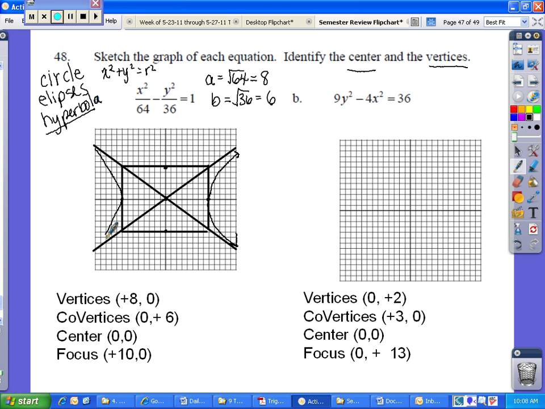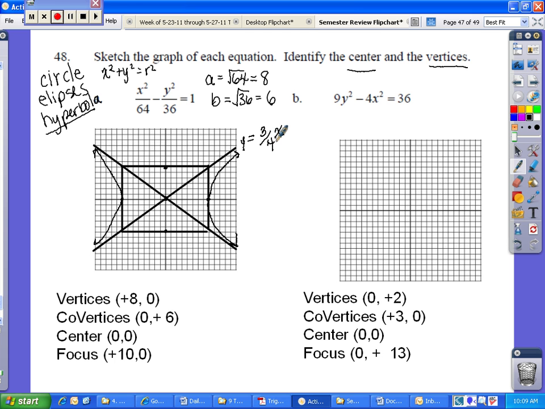So again, all of those b values are basically just used to draw your rectangular box to determine the asymptotes. And now you could determine the actual equations of those asymptotes. This would be y equals 3/4 x, up 3 over 4. So you could do it that way.